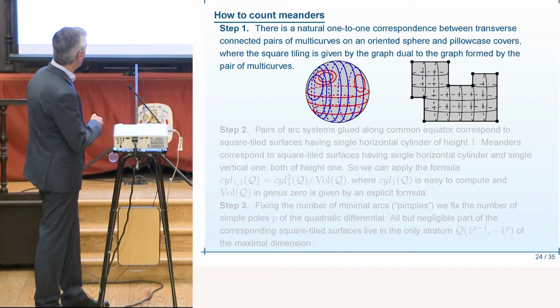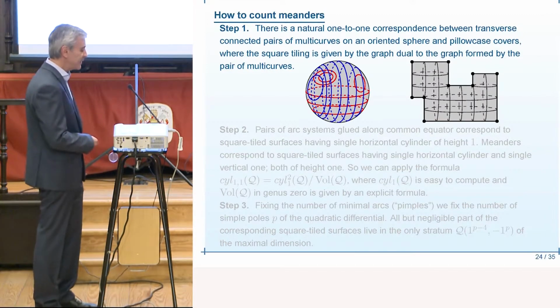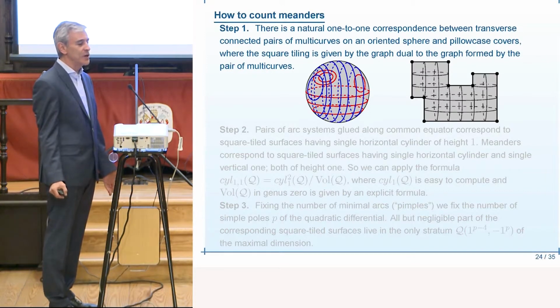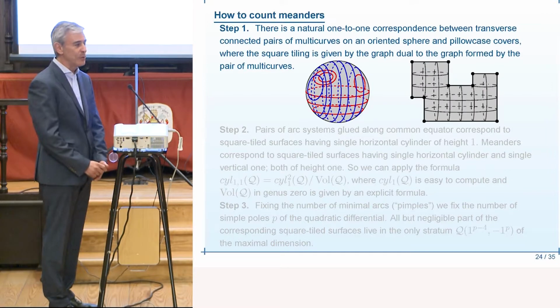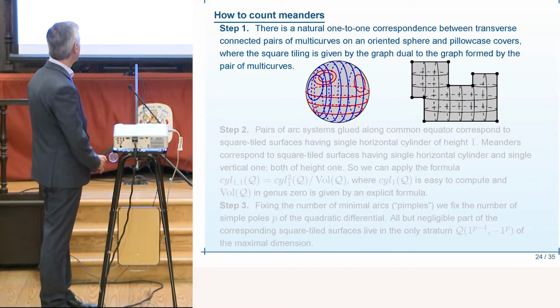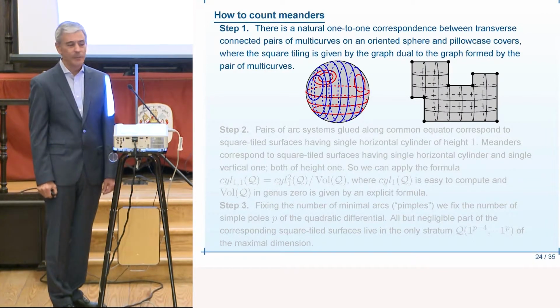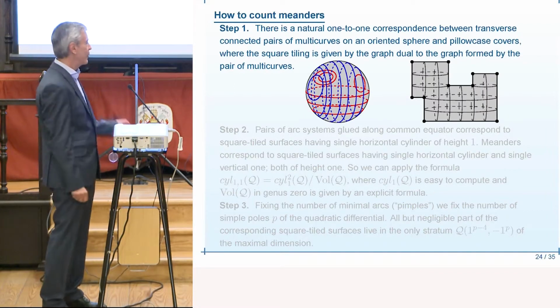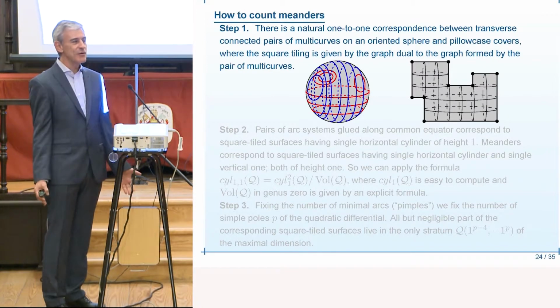And so these two pictures are actually synonymous, and this very simple-minded observation is basically the key of our approach to meander problem, because, to my mind, this is somehow funny. You just have a purely topological structure, a pair of transverse multicurves on a sphere, and then you touch it, transforming your polygons into squares, and you get very rich structure.